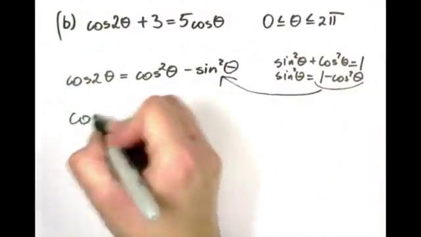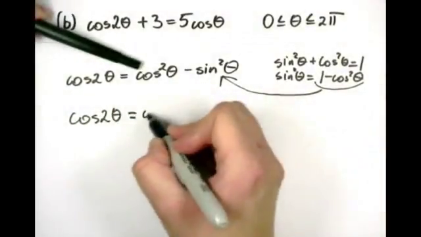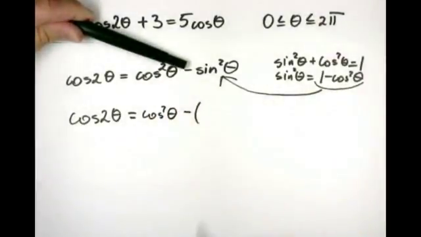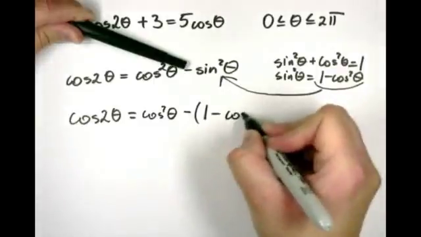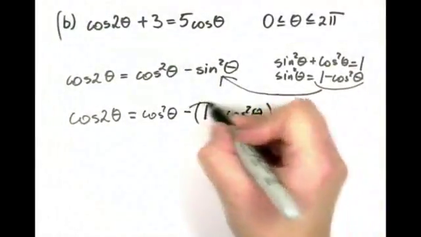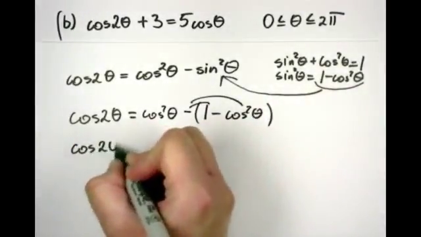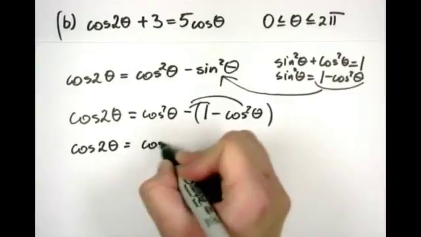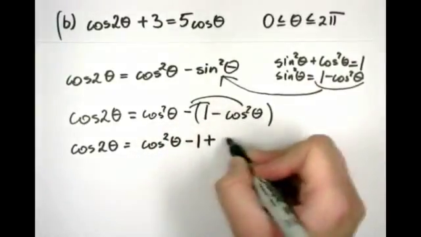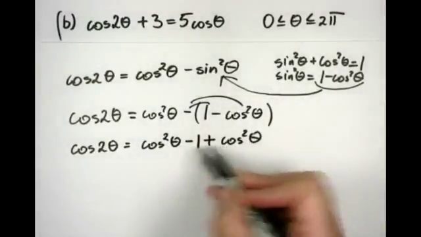So I'm getting then my cos 2 theta is equal to cos square theta minus, and make sure you put in the bracket because we need to distribute that bracket. We need to distribute the minus. So we have that cos 2 theta is equal to cos square theta minus 1, minus minus gives me plus cos square theta, and that gives me 2 of them.